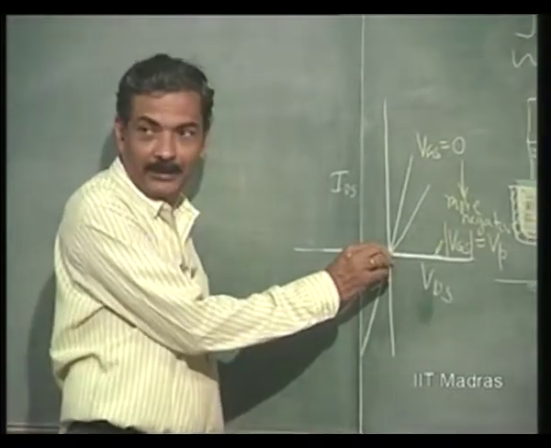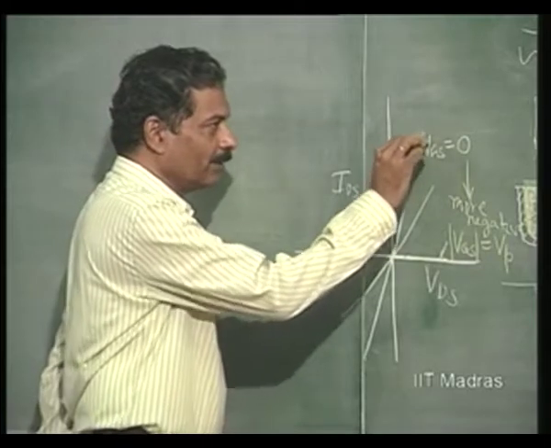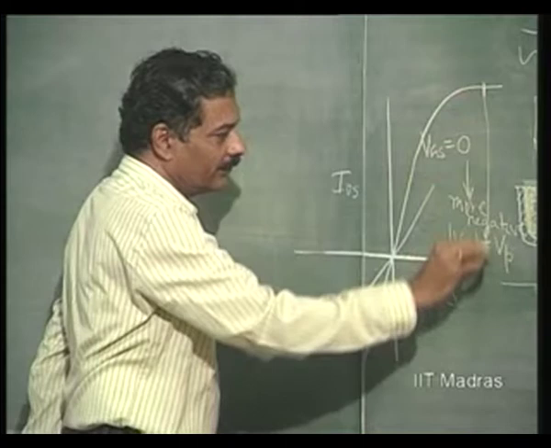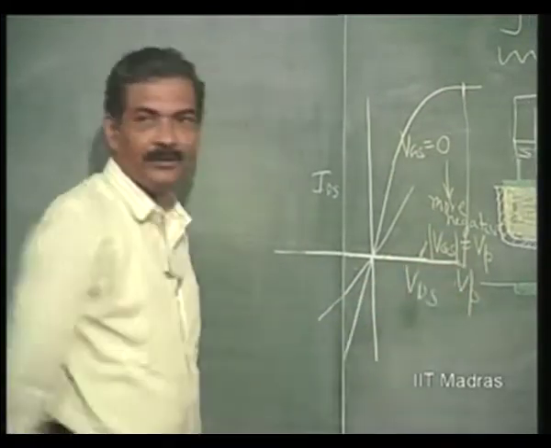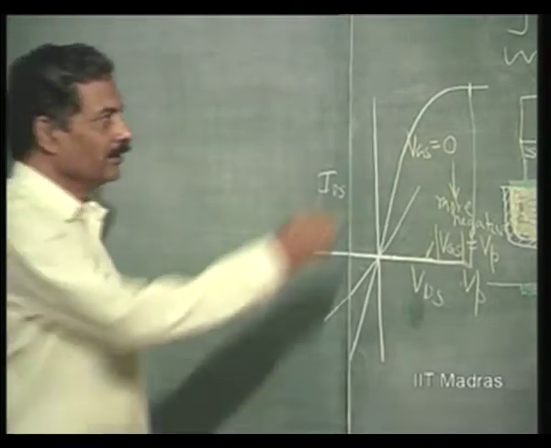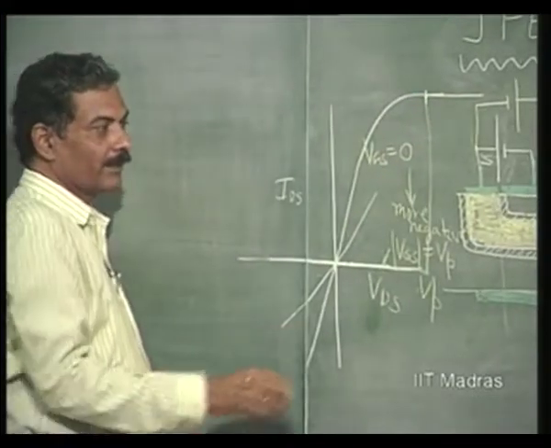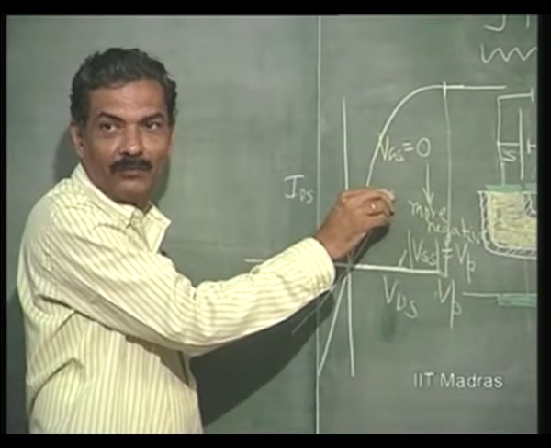The same thing happens, this is a nonlinear resistor here, and this will keep on decreasing, and at a value which is equal to what? VDS equal to pinch off, it goes to saturation. The current remains constant, and let us say this corresponds to VGS equal to minus 1 volt.